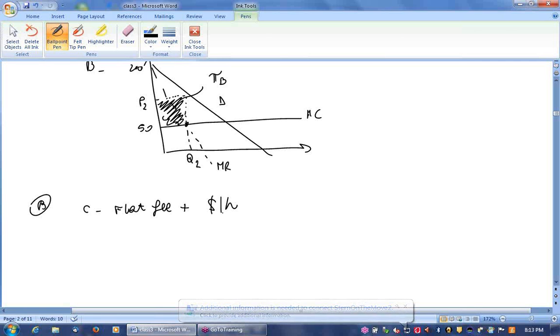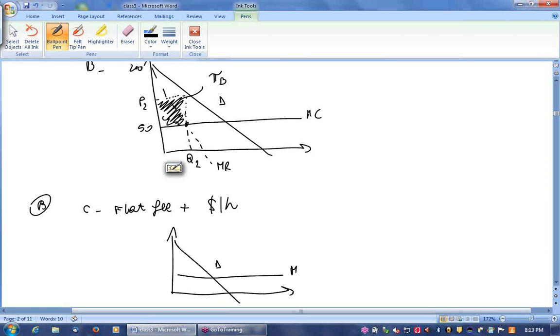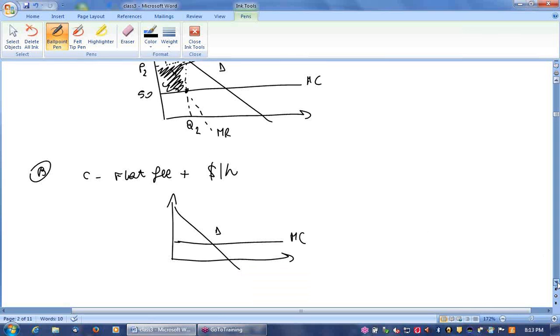So here again is something that is from the theory. I don't know if you have seen it in class, but you should have. So we have again our demand and marginal cost. Here the monopolist would choose a price per hour to cover the marginal cost. So the price per hour would be exactly the marginal cost, and this is the way to maximize his profits.